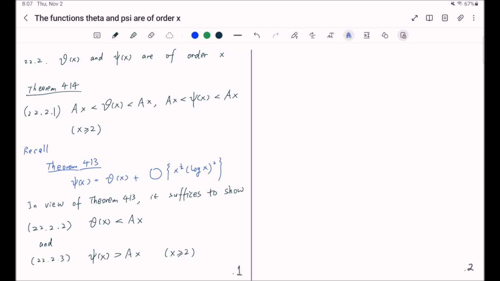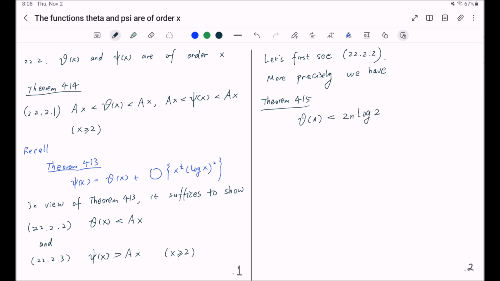Let us establish the first inequality. And more precisely, we will show the following. We will write this as theorem 4.15, which states that theta of n is less than 2n times log of 2 for all n greater or equal to 1.